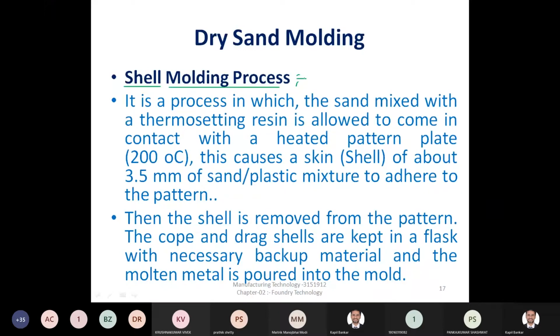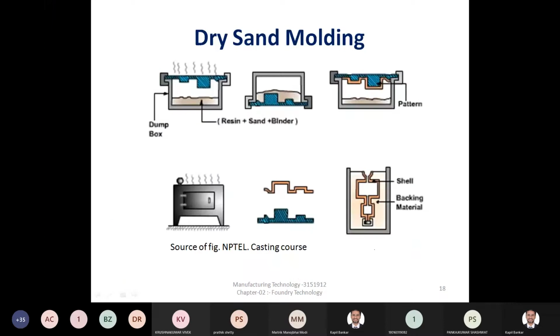It is a process in which you have to create a shell like this. In this figure that I have taken from the NPTEL casting course, you can see that two shells are created.